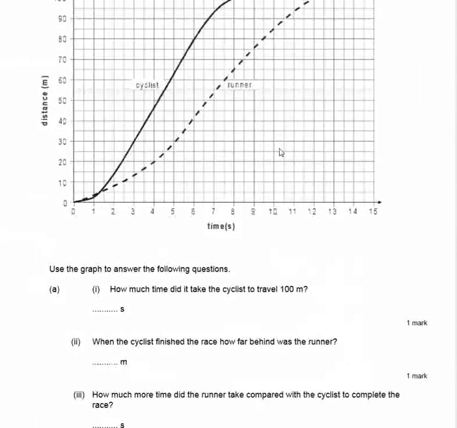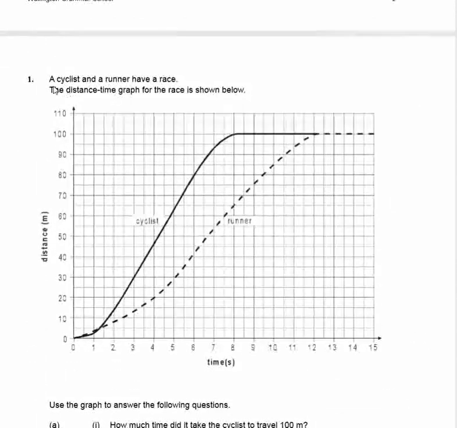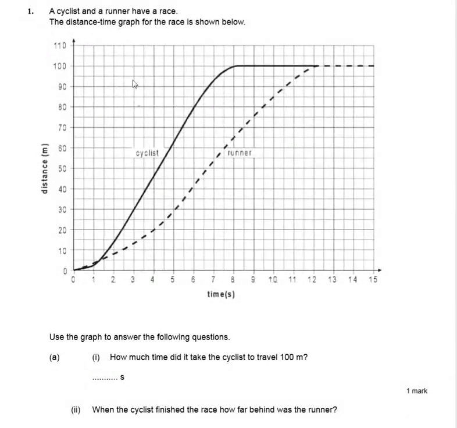Right, the first question. Question 1: a cyclist and a runner have a race. So two things are racing each other. The distance time graph for the race is shown below. Distance tells us how far they're traveling and how long it takes. Let's look at the start.